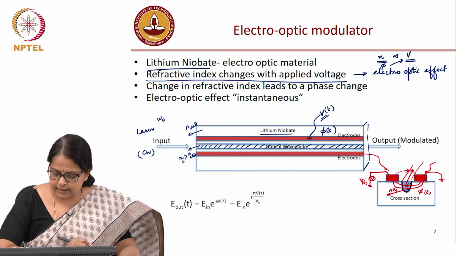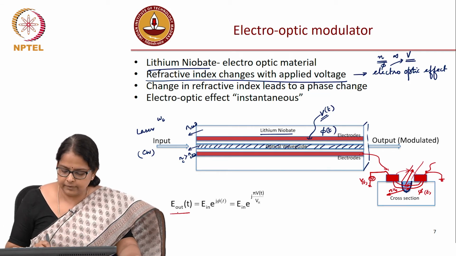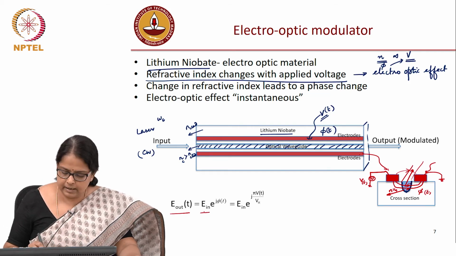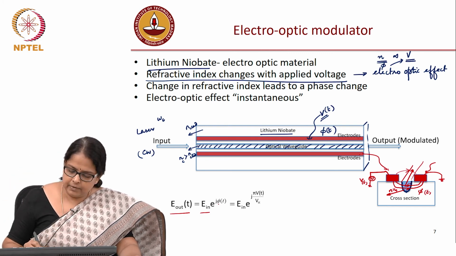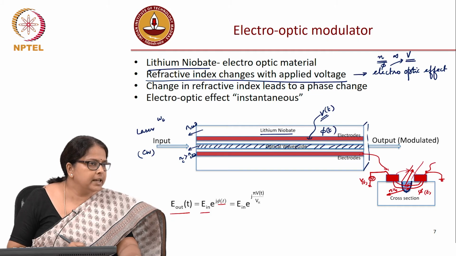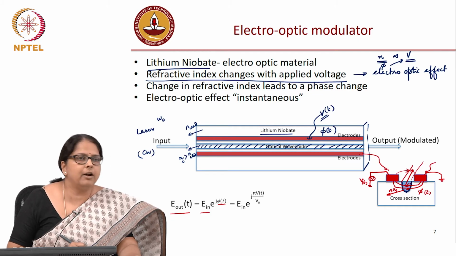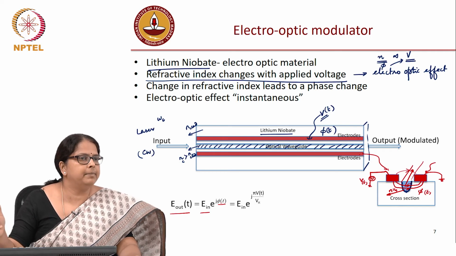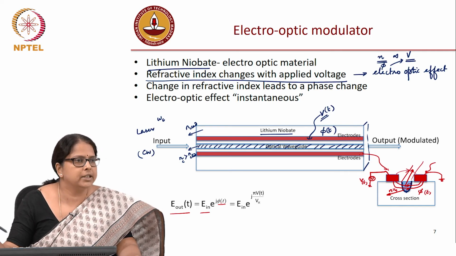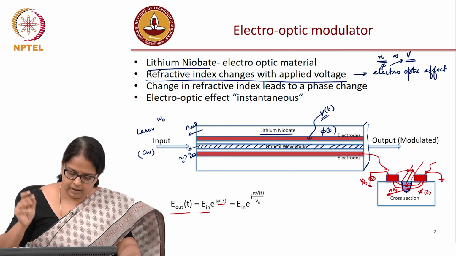Okay. And I can write this mathematically like this: E out as a function of time is my E in e power j omega t, e power j phi of t, which is just the accumulated phase. I am not specifically writing the propagation phase. There is of course an e power j beta z, but that is not changing with time, that is a fixed phase.